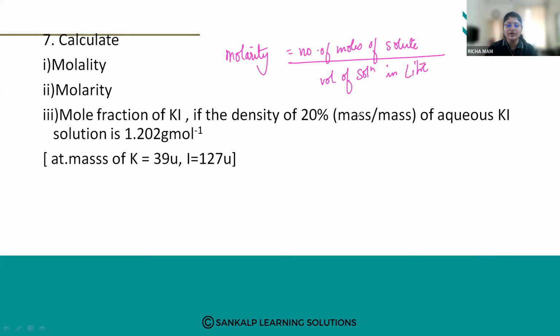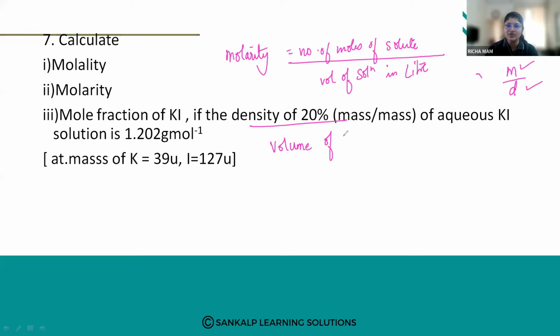Now, what all things are given? Density is given, right? We want volume. How do you calculate volume of solution? Volume can be calculated as mass by density. Mass we know, density we know. So we can calculate the volume.